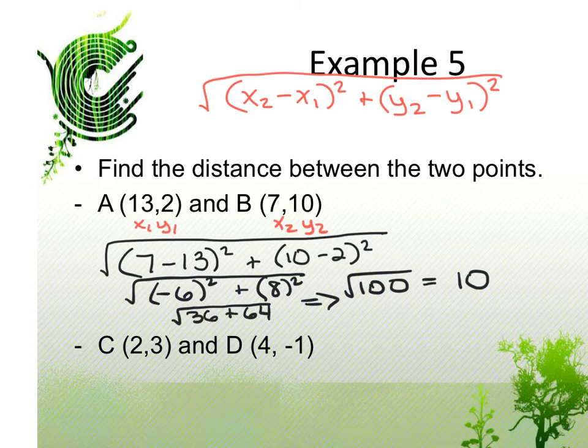Now you probably learned in Algebra 1 that technically this square root of 100 should have been plus or minus 10. However, we don't want any negative segment lengths, so we're always going to keep the positive.